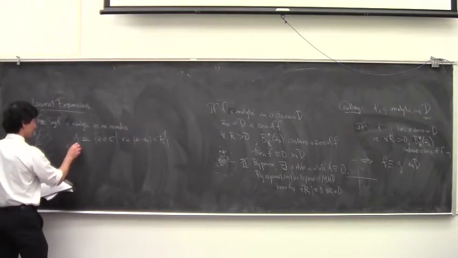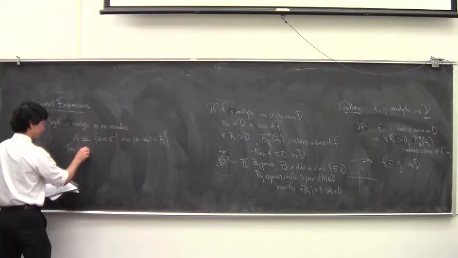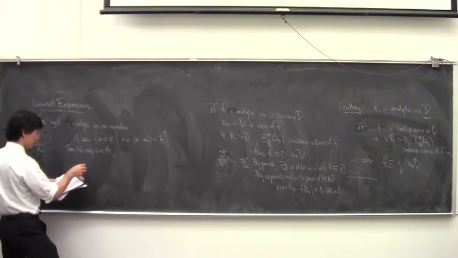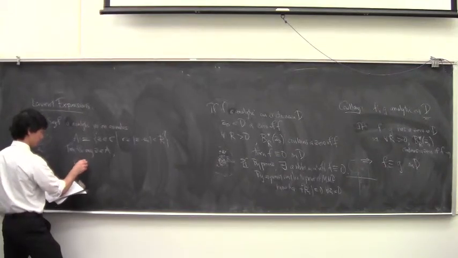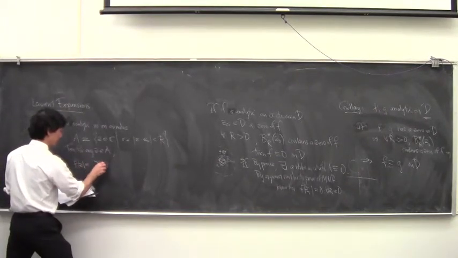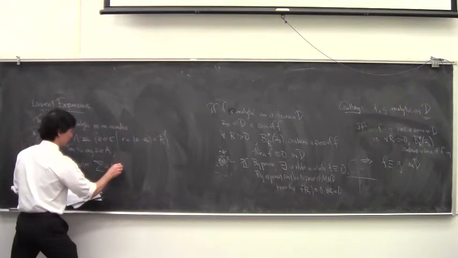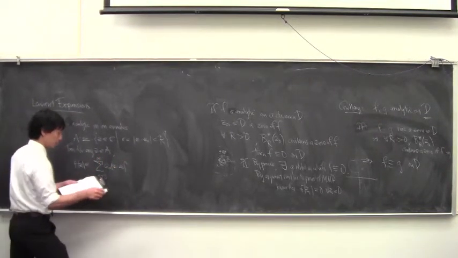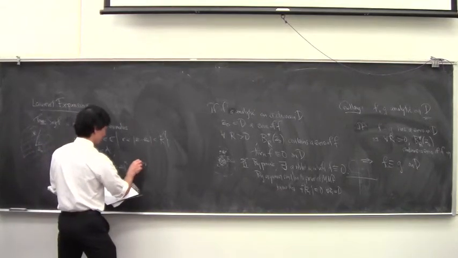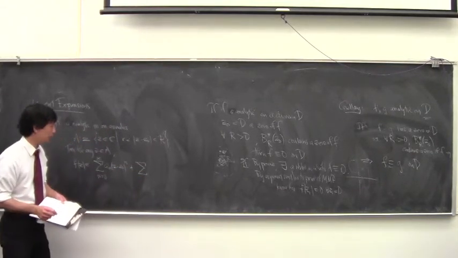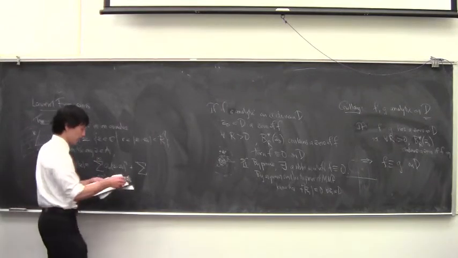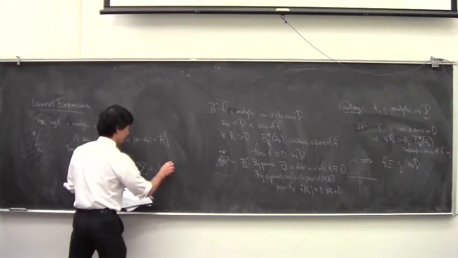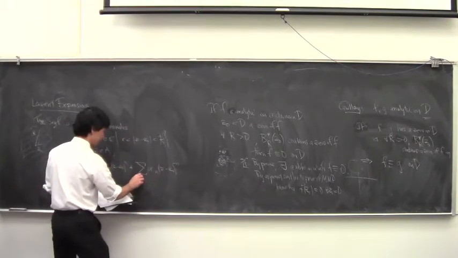Then, for any z in the annulus, it turns out that f of z can be expressed as a power series in z minus z naught plus a power series in 1 over z minus z naught.